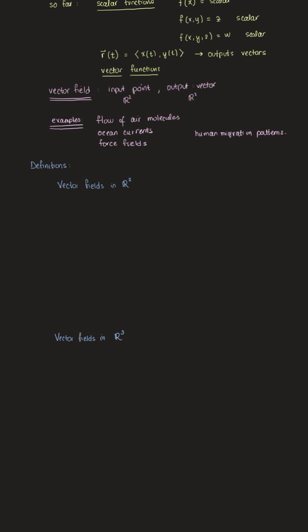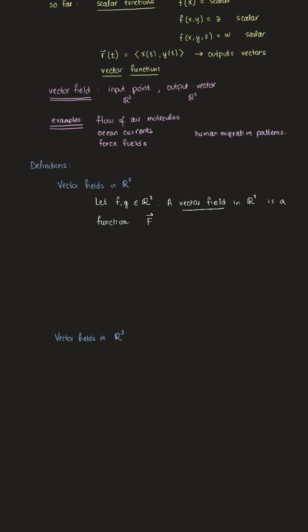Suppose that we have two functions, f and g, both defined on the plane in R2, and a vector field in R2 is a function that we will denote with a capital letter. It doesn't really matter, but what matters is that this is a vector.